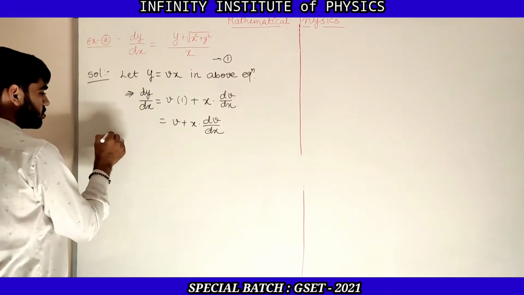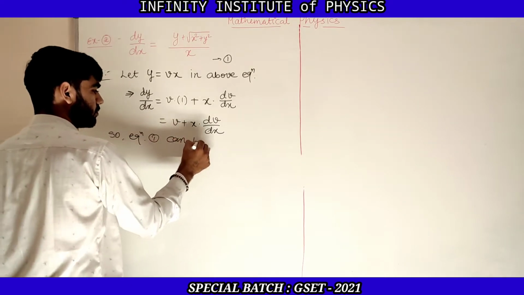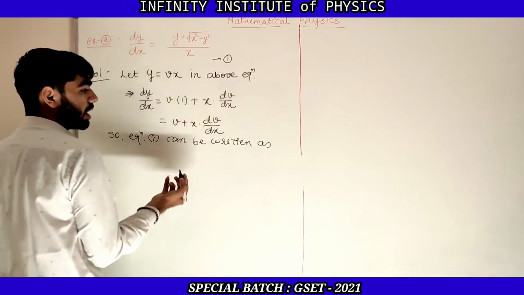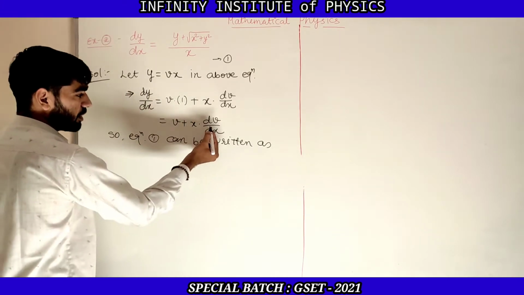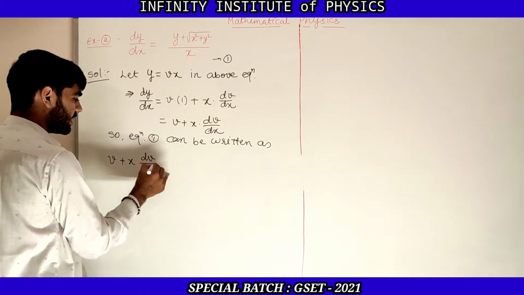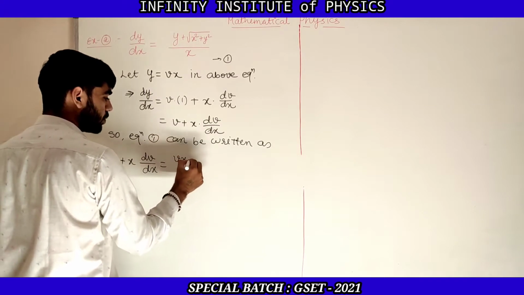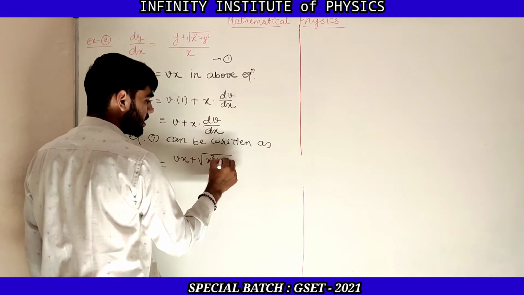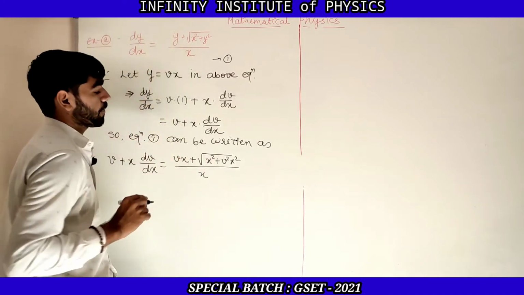So equation 1 can be written as, let us rewrite the given equation. dy by dx is v plus x into dv by dx, which is equal to, in place of y we put vx, plus square root of x square plus y square. This is x square plus v square x square, upon x.